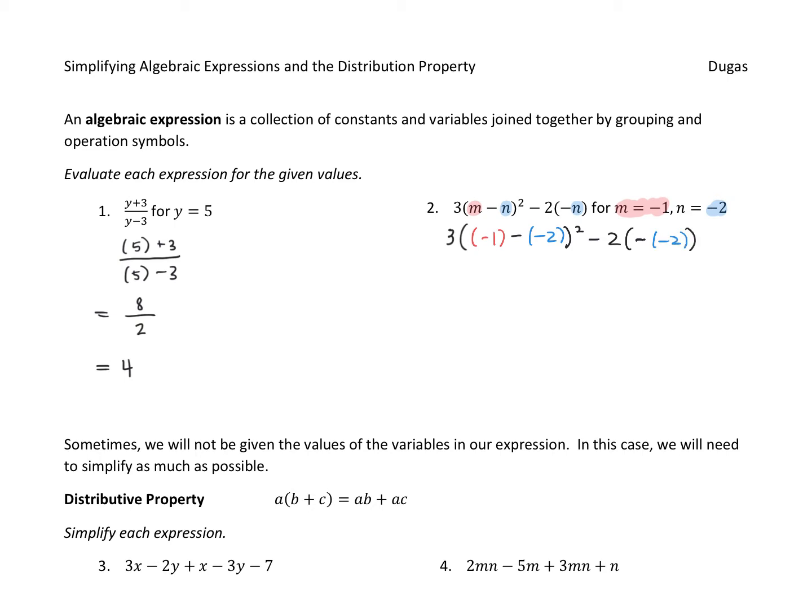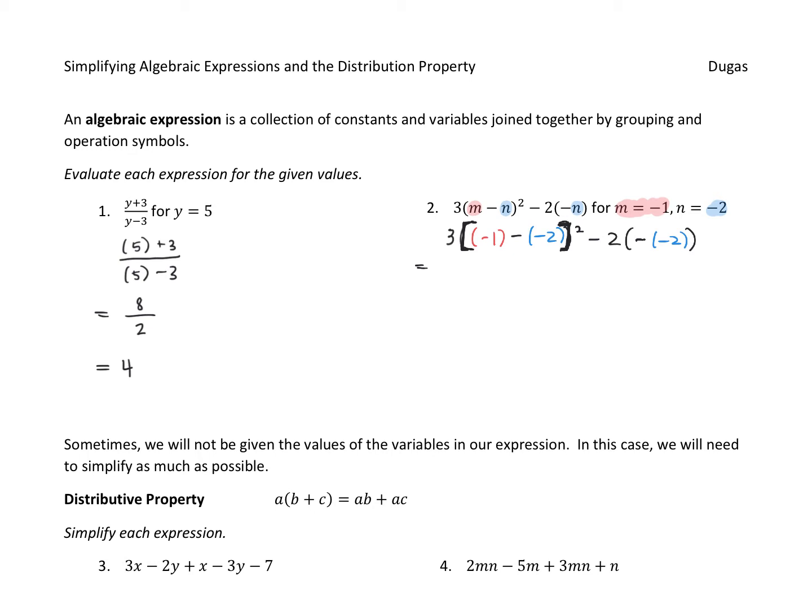Okay, so this one, there is a lot of negativity here, right? There's a lot of negatives. So be very careful with your signs and figure out what you need to do. So first thing, let's look inside the parentheses. This set of parentheses, we could make a bracket if we want it to be less confusing. Okay.